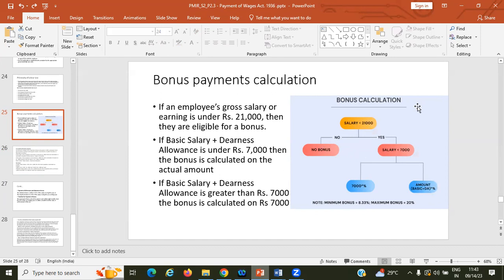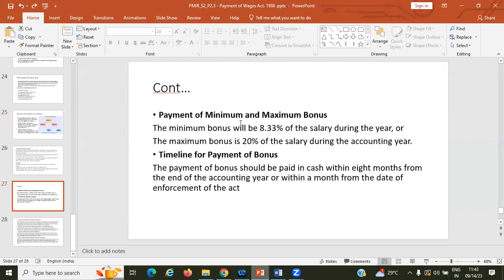If less than 7,000, it is calculated based on the actual amount. If more than 7,000, then it is calculated only on 7,000. Minimum bonus is 8.33%. Maximum bonus is 20%.